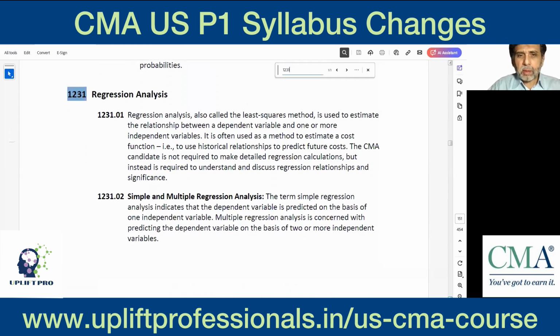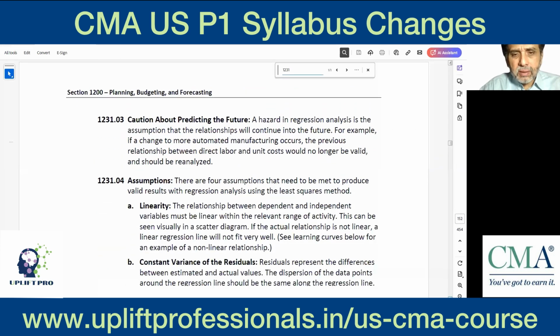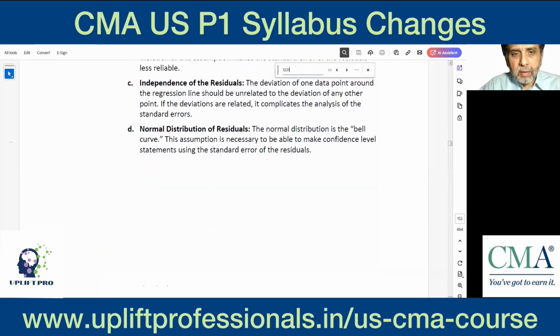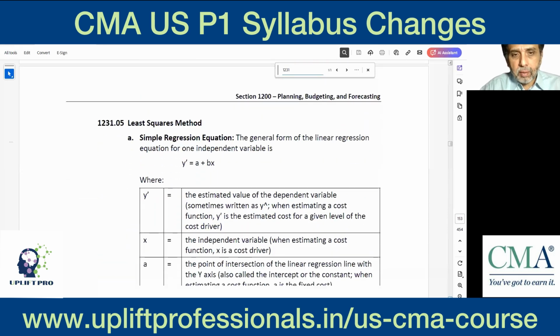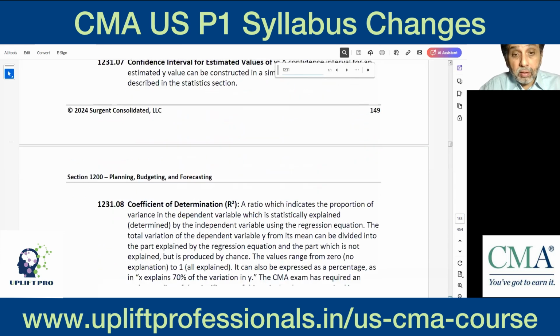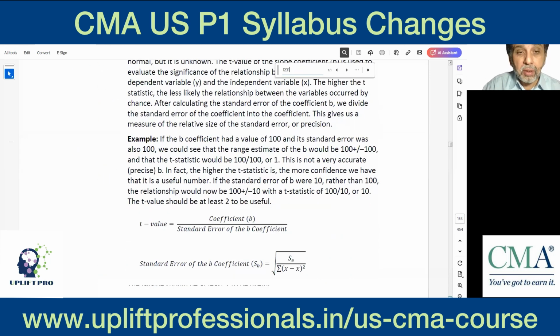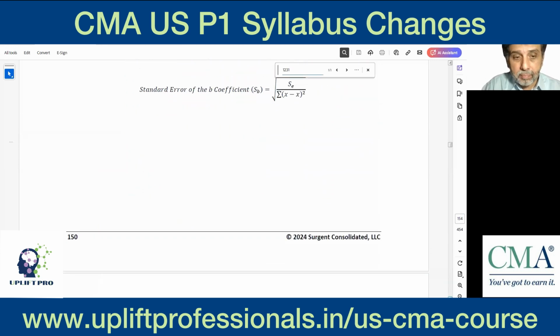Simple and multiple regression analysis belongs to section B. And the assumptions and everything else they have explained well in section B. I don't know, probably because of that, they have not spoken about it much elsewhere. I didn't even find it in section F, because they mentioned it a lot in section B.